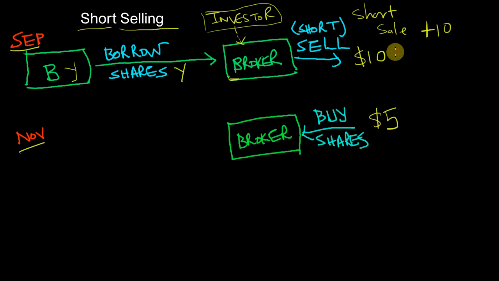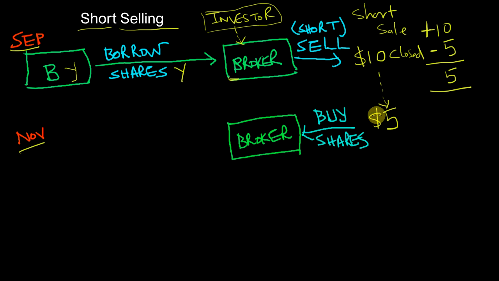You could say you closed your short sale at $5 because you purchased them. When you buy the stocks, you have to pay the money, so that's minus 5. So that gives you a profit of $5 per share. So you can see a short sale is profitable when the stock price drops after the sale.